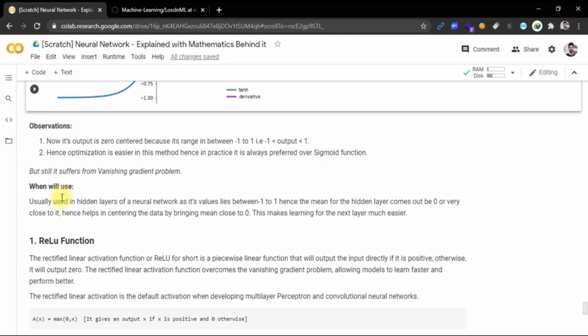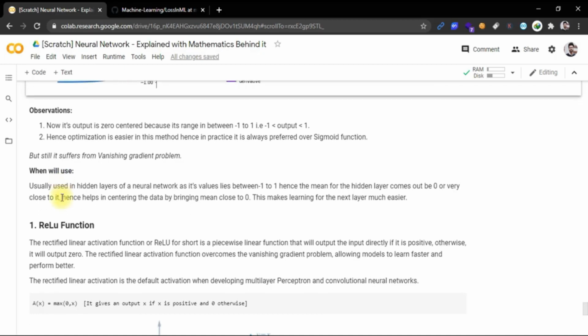This makes learning in the next layer much easier, because the outputs of the hidden layers are mostly close to 0.